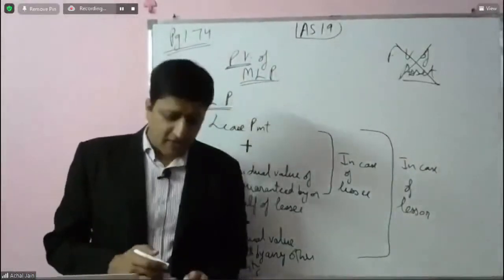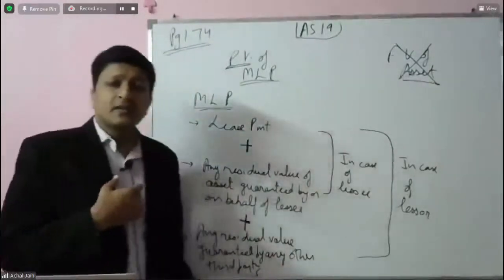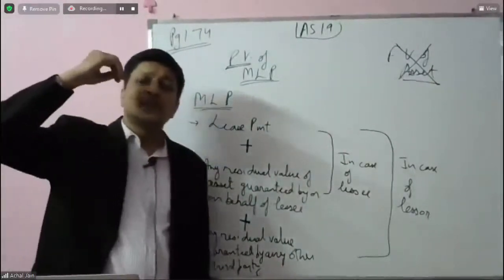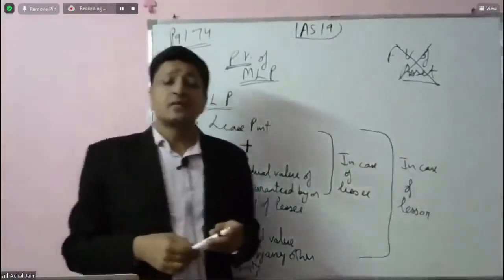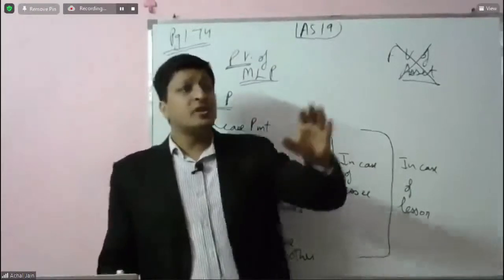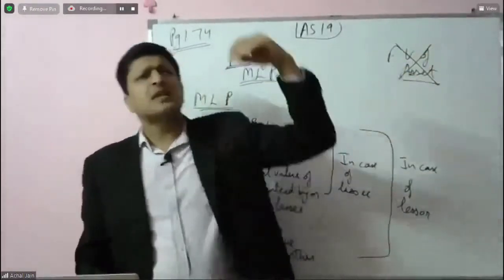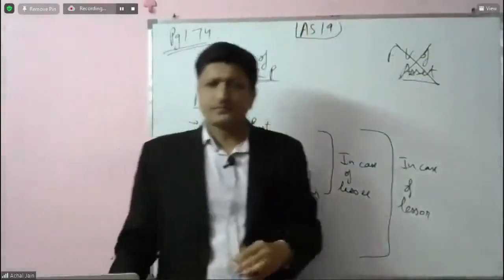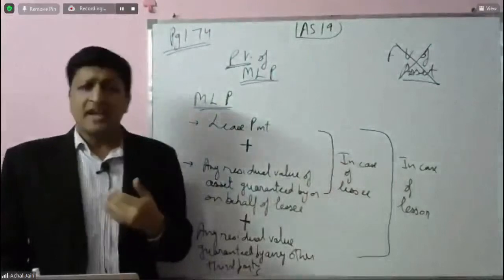Now you will be thinking why? Because for a lessee, let's suppose in case of a car, lessee has taken a car on lease and its residual value is guaranteed to the owner of the car, to the lessor, say by any third party. So does it really matter to me as a lessee?